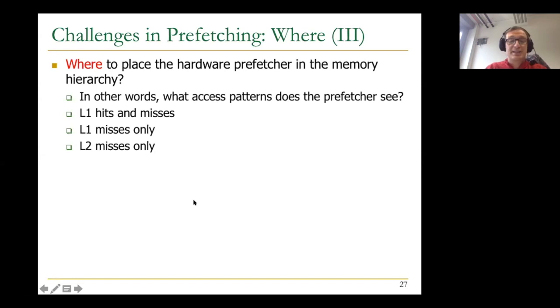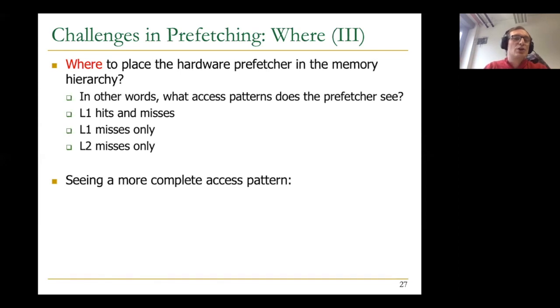We will talk about this in a little bit. If things were hitting in L2, it didn't need to generate prefetches. But if things start missing in L2, it started tracking access patterns, and then it started creating prefetch requests.